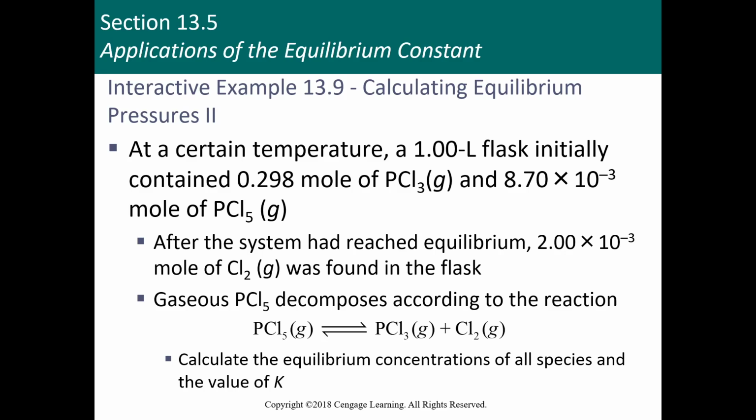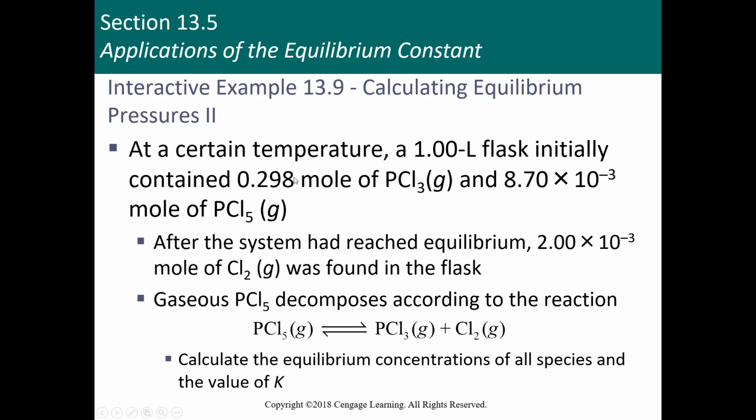After the system had reached equilibrium, 2.00 times 10 to the negative 3 moles of Cl2 was found in the flask. So gaseous PCl5 right here is going to decompose according to this reaction, to PCl3 and Cl2. So let's go ahead and calculate the equilibrium concentrations of all species and the value of K.